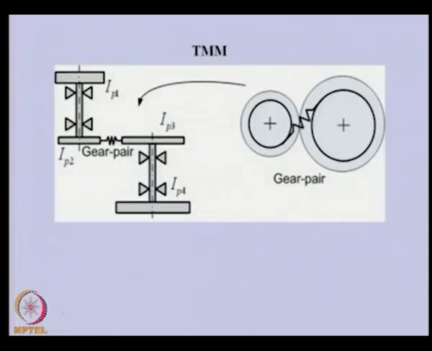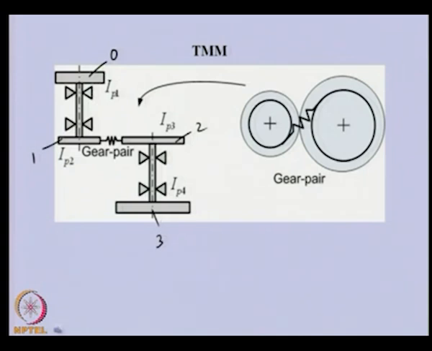In the transfer matrix method, let us say this is station 0, station 1, station 2, station 3. So, we have 4 stations from 0 to 3.